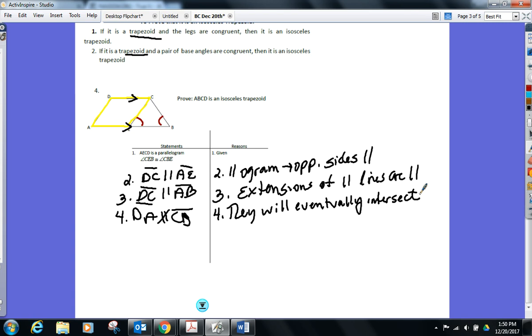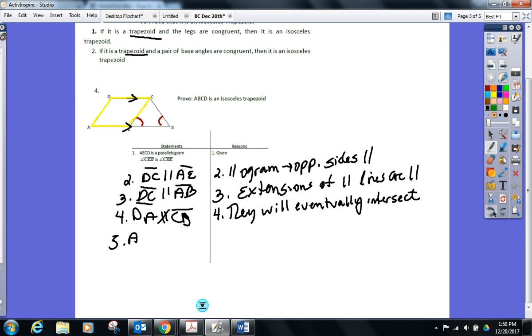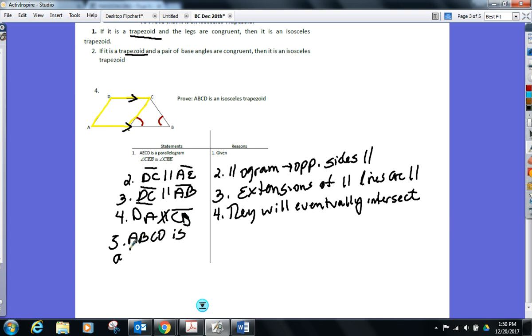They will eventually intersect. Now what do I have? I definitely ruled out that it can't be a parallelogram anymore, so it's got to be a trapezoid. So ABCD, let me write it in the correct order, is a trapezoid.